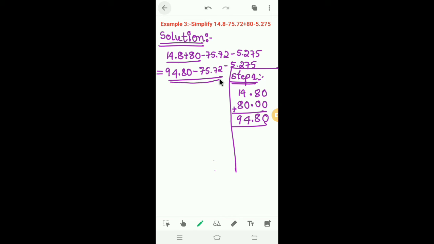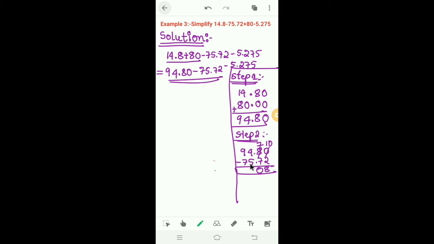Next we have to subtract 75.72 from 94.80. In the second step, 94.80 minus 75.72. 0 minus 2, is it possible to subtract? No. So we have to borrow from 8. Then 8 becomes 7 and here 0 becomes 10. 10 minus 2 is 8. 7 minus 7 is 0.